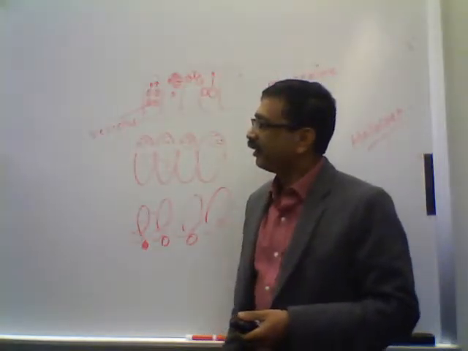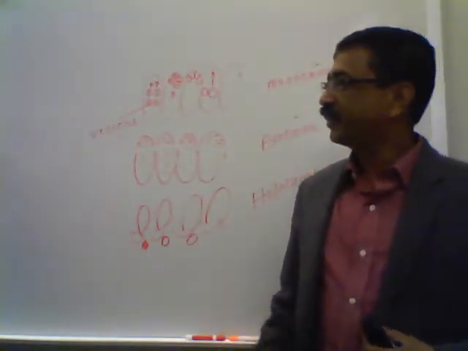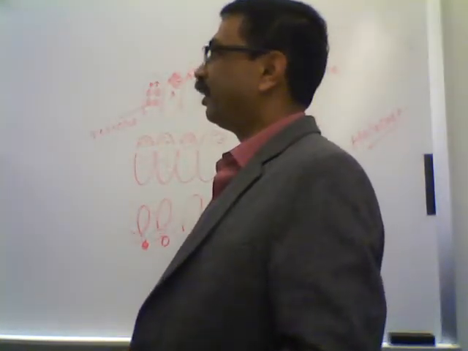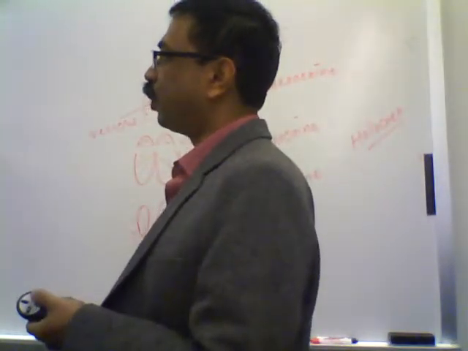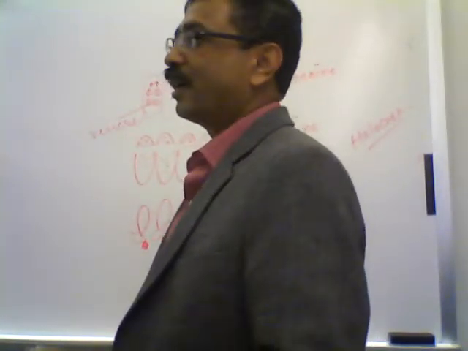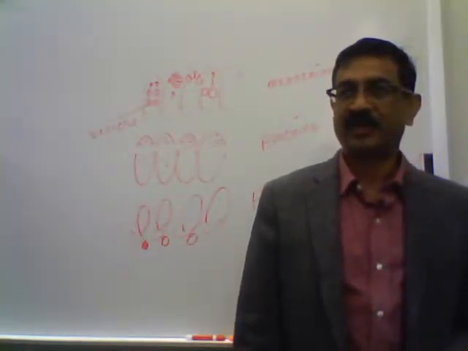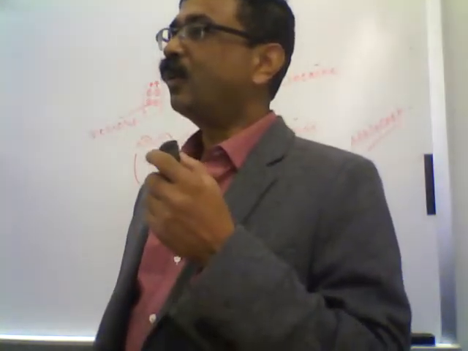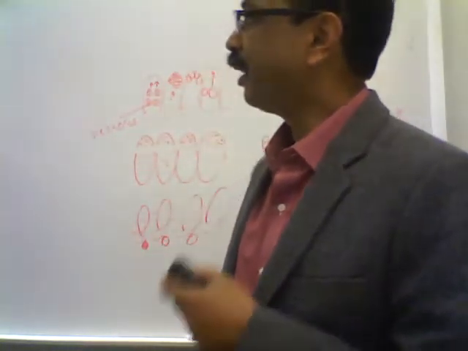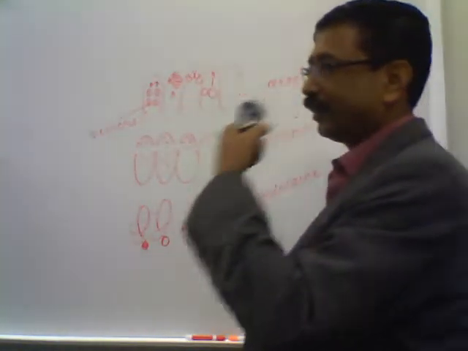Now, eccrine or merocrine glands are abundant on palms, soles, and forehead. In those areas, the secretion is highly watery. 99% is water.